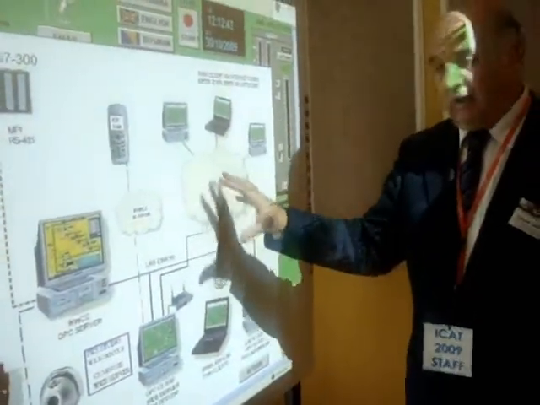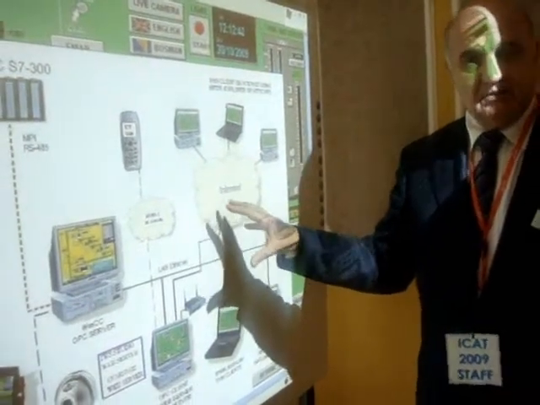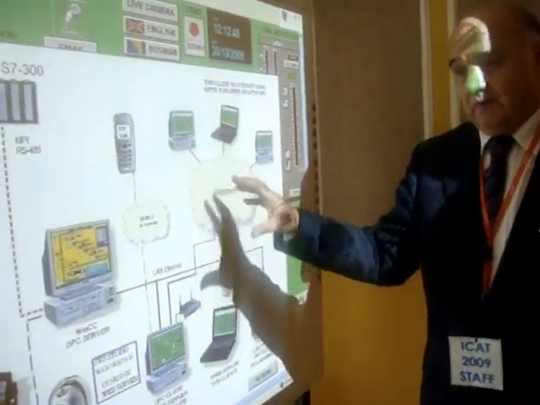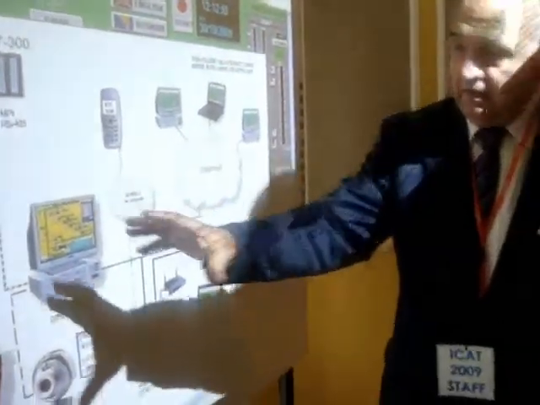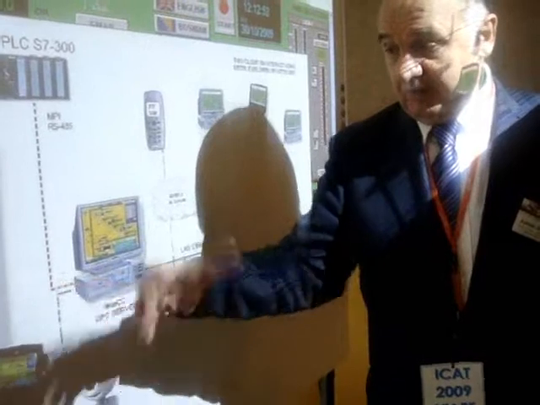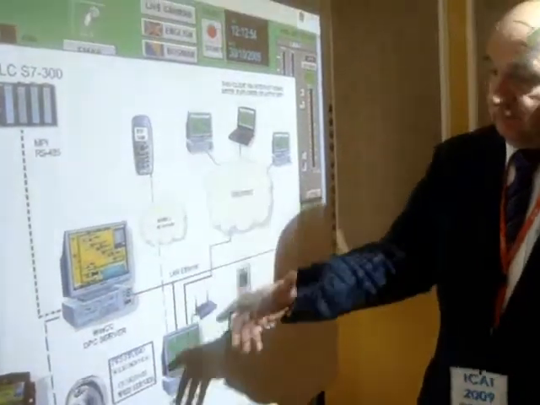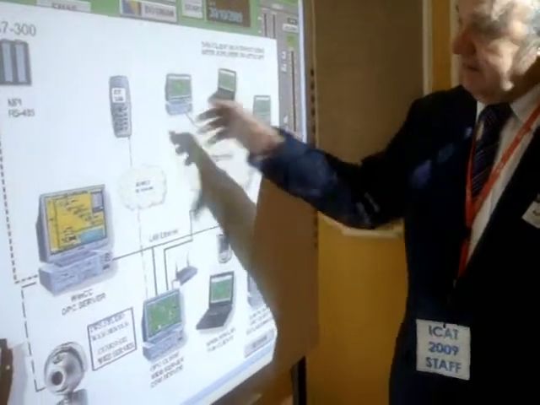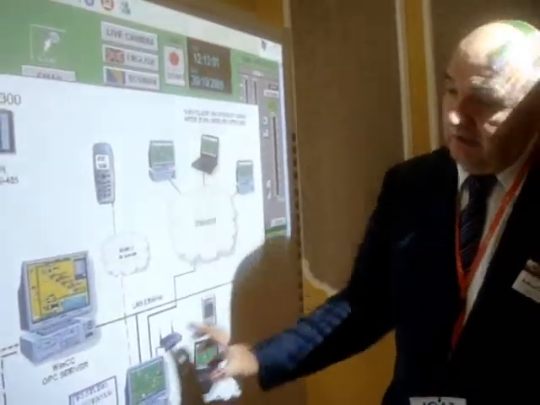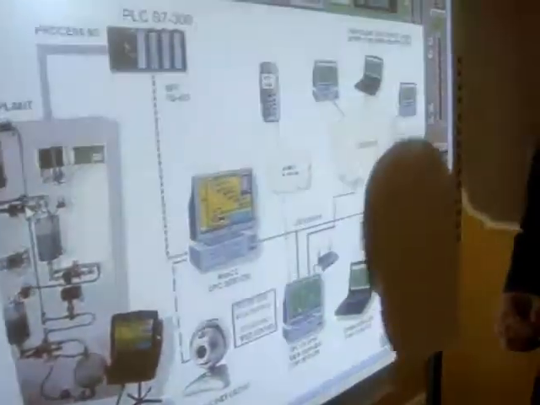We did it on many plants in refineries for the main operators who are not on duty at night, and there is a big trouble that the operator on duty can't solve. Then they send a message automatically to the main operator who is at home, and he switches on his PC and takes over the control of the plant.